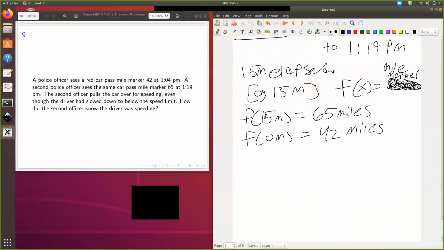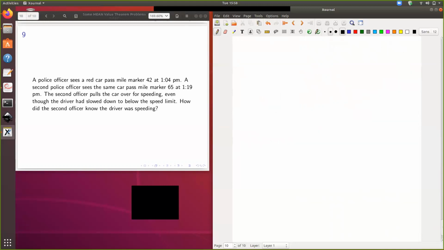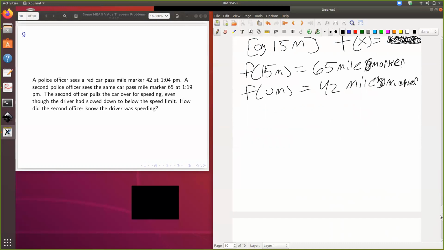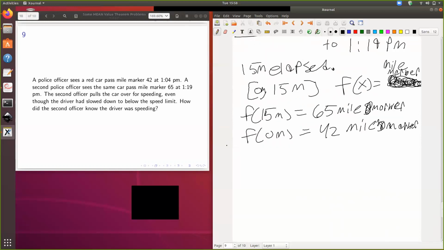65 mile marker, 42 mile marker. All right, not the best notation, but it's getting the job done. We know what we're talking about. At least I hope we do. All right, so we have our ingredients for the MVT.